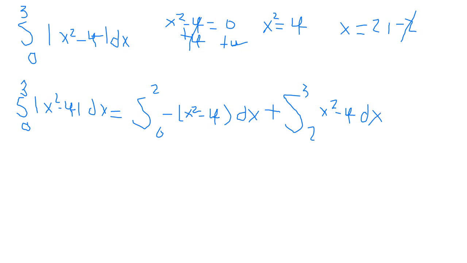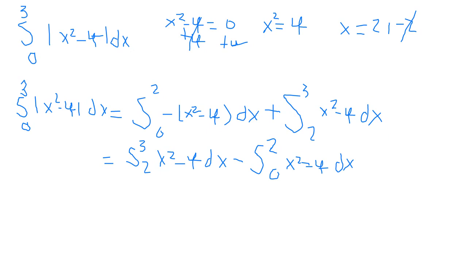Then we can take out this negative right over here, so we can rearrange this to have the integral from 2 to 3 of x squared minus 4 dx, then minus the integral of x squared minus 4 dx.